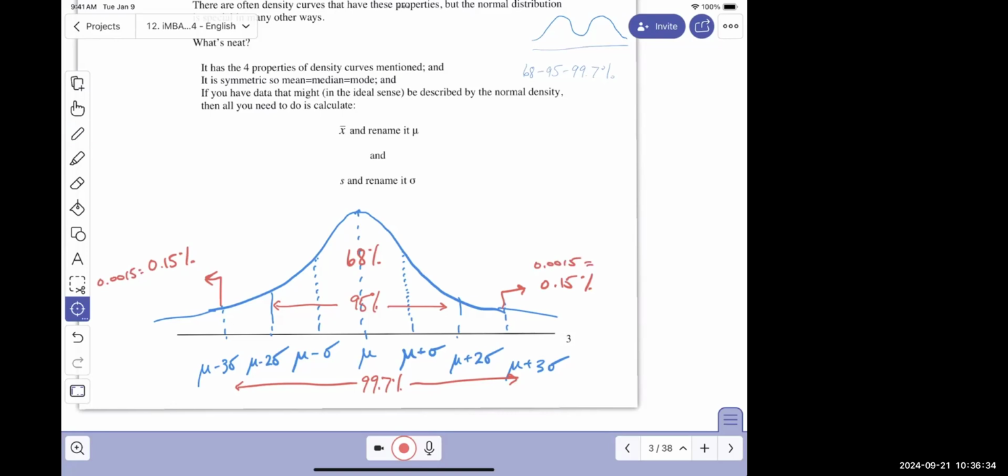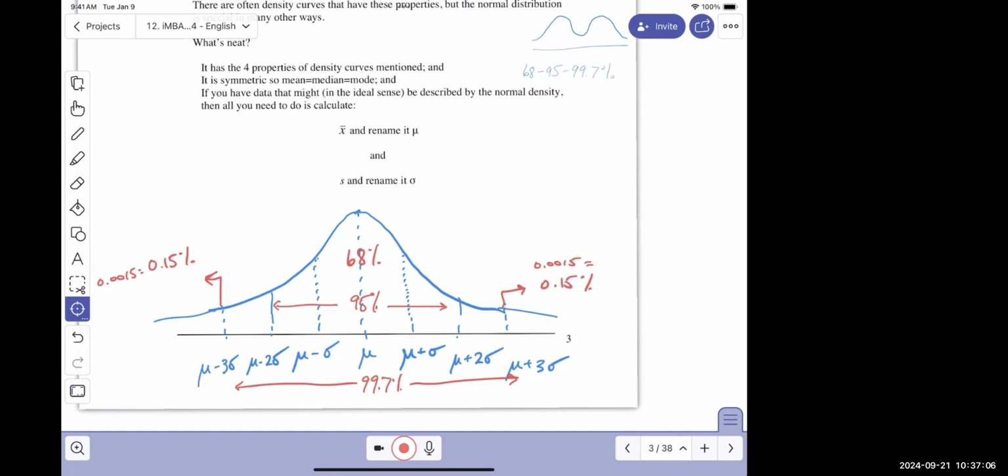So a normal distribution is spread out in such a way that 68% of the observations are within 1 standard deviation, 95% within 2, and 99.7% within 3, and there's still some outside of 3 standard deviations: 0.0015 of the observations are going to be outliers on either side.